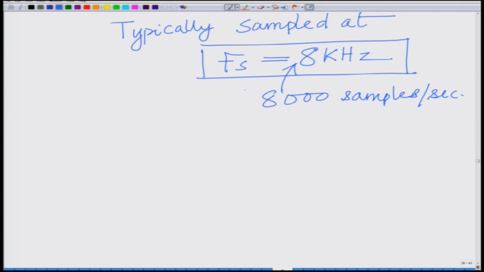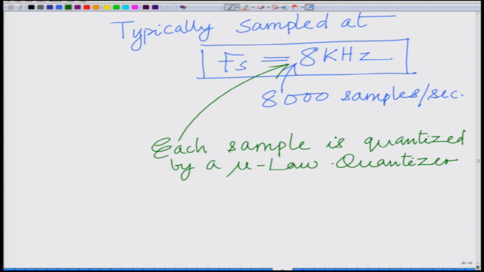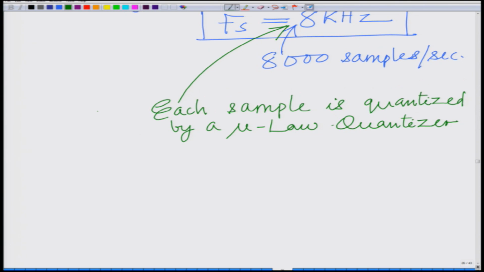So, we have, well, what do we have? Each sample is quantized by a mu log quantizer using 8 bits, okay, with 8 bits.